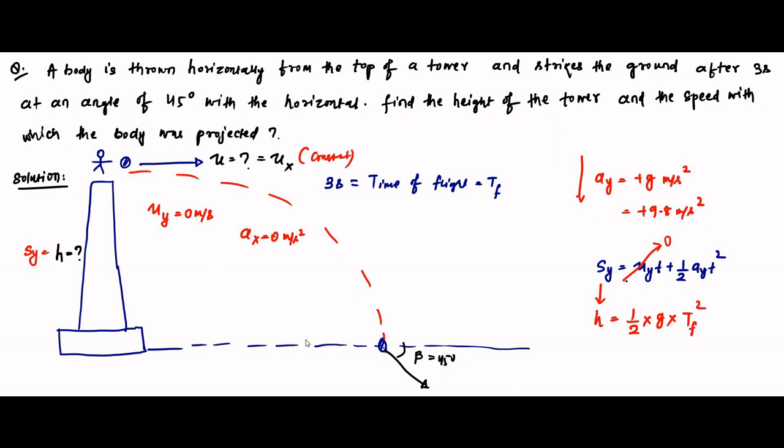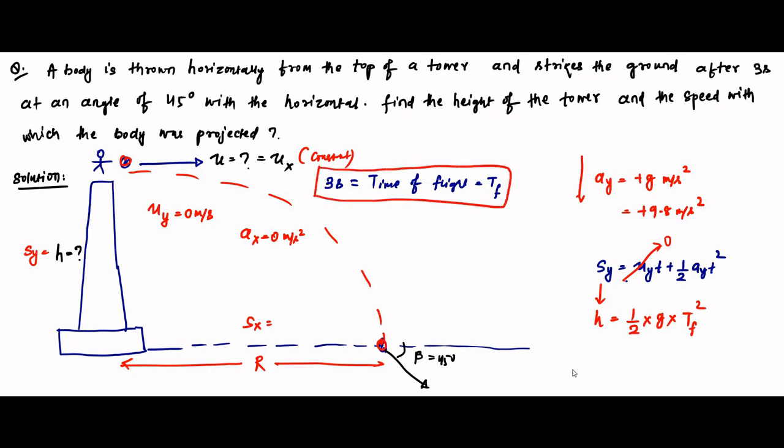This is because when t is equal to time of flight, the object will cover a net vertical displacement of the height of the tower. When the object reaches from here to here, it undergoes a net horizontal displacement, the horizontal range, which is Sx here, that is not asked, and a net vertical displacement for the entire time of flight duration, which is given as 3 seconds.